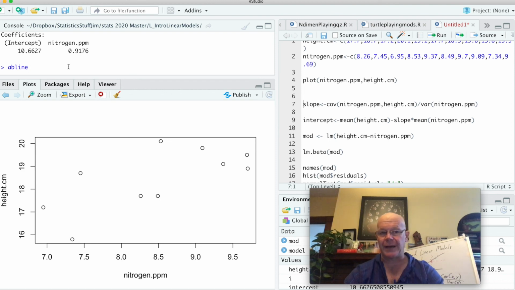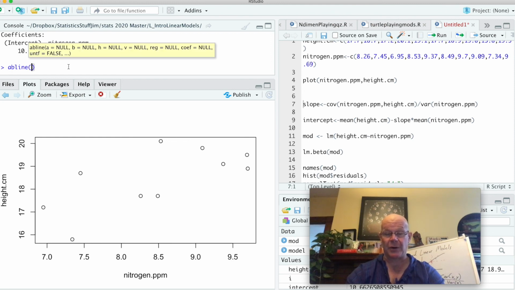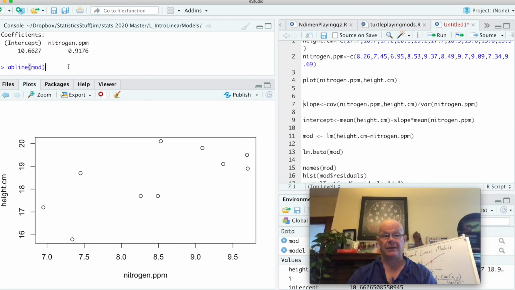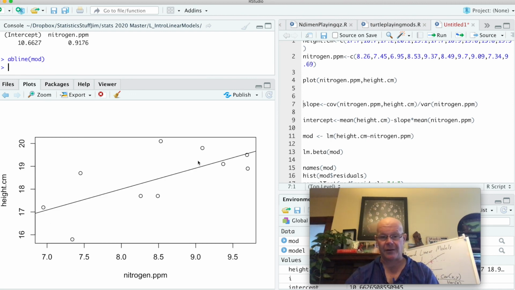The reason it's called abline is that it's actually AB line: a is the intercept, b is the slope, line is a line. If we use the abline function, we can just throw mod in there, and it will know what to do with it. And there it is, the model that we have generated, nicely plotted with our raw data.